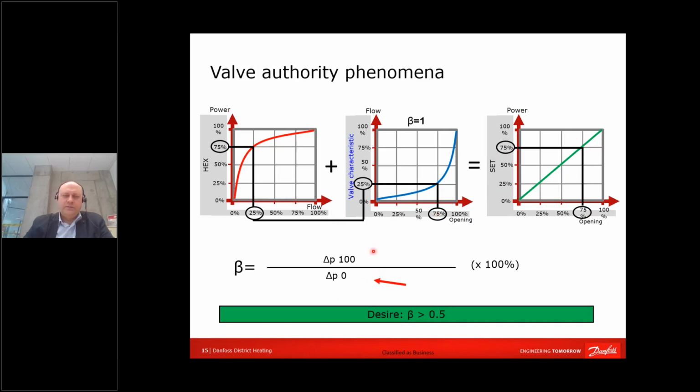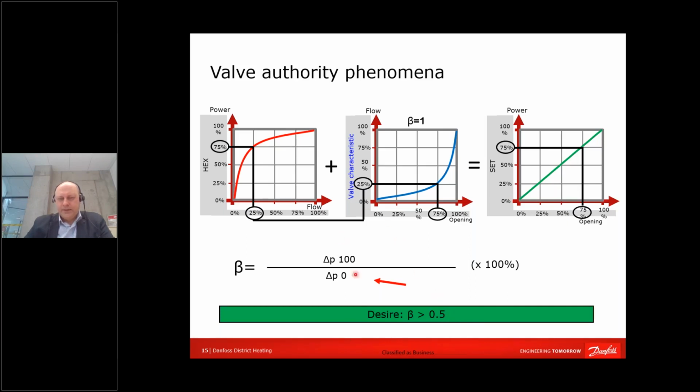Valve authority is understood from the relation of differential pressure across the motorized control valve when it's fully opened, divided by differential pressure which is available when the valve is closing, and should result in a relation of at least above 0.5.